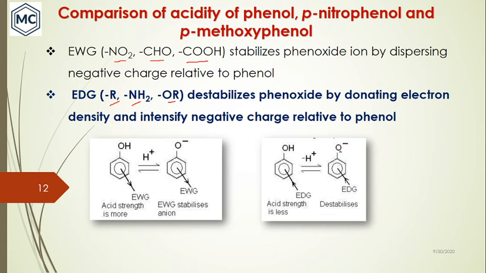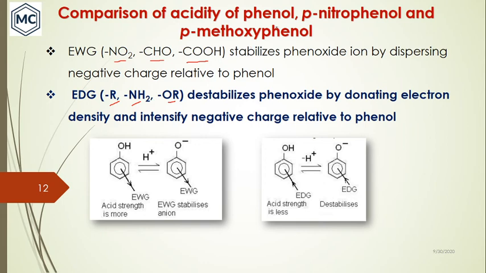So it is localizing charge on one atom, and there is no delocalization. So when you attach an electron donating group here, the acid strength decreases. So you can compare the acidity of phenol, para-nitrophenol and para-methoxyphenol.